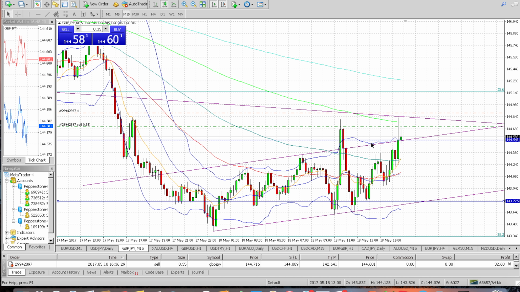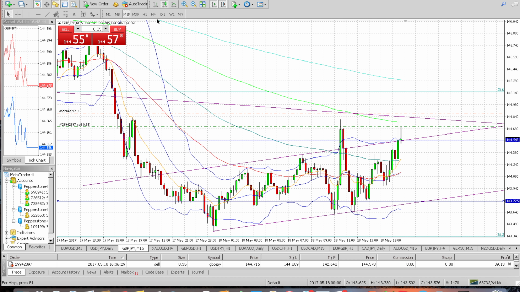So if the price goes down and breaks to the downside of this channel, this is supposed to be a flag pattern. So in my trade, I suppose that the price is going down and breaking this channel to form another flag pattern.